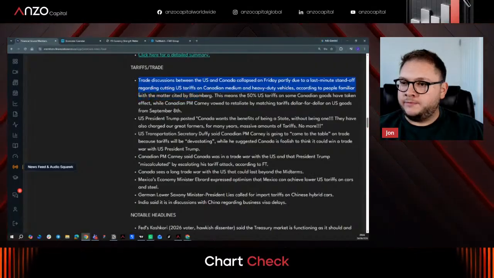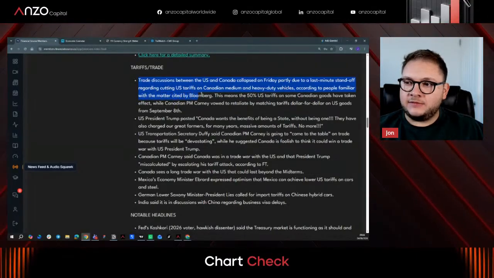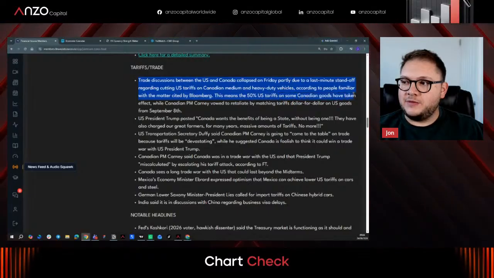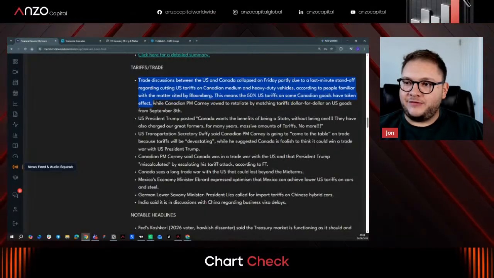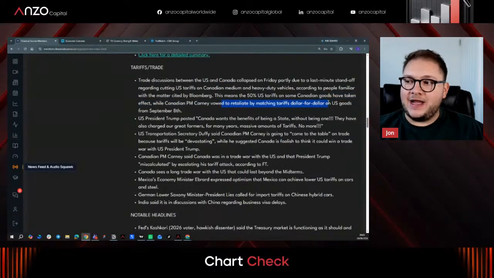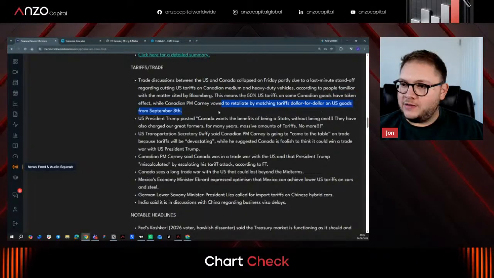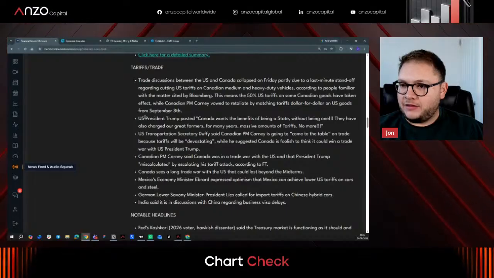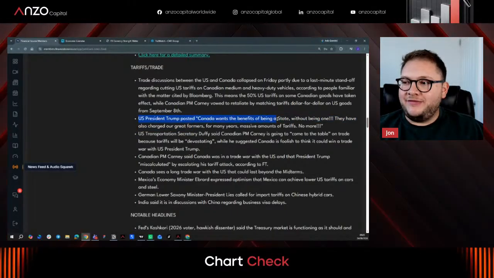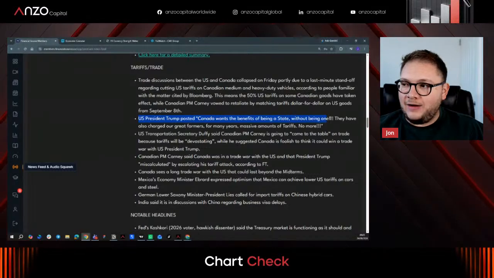According to people familiar with the matter, cited by Bloomberg, this means the 50% US tariffs on some Canadian goods have taken effect, while Canadian PM Carney vowed to retaliate by matching tariffs dollar for dollar on US goods from September 8th. US President Trump posted, "Canada wants the benefits of being a state without being one.